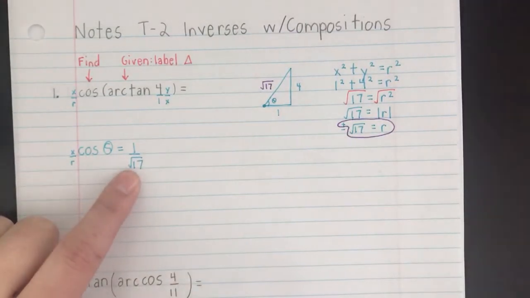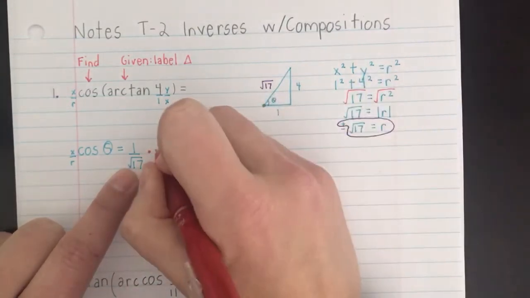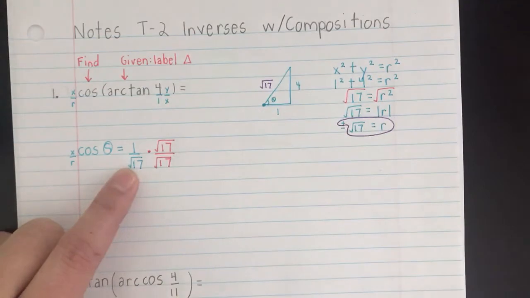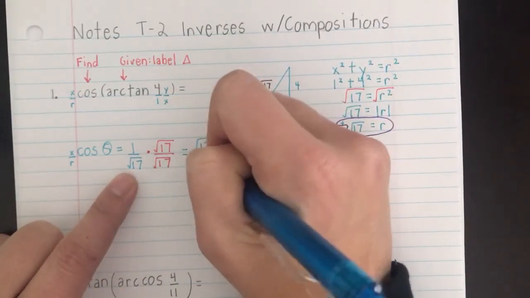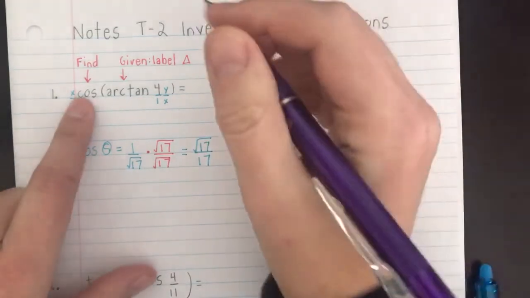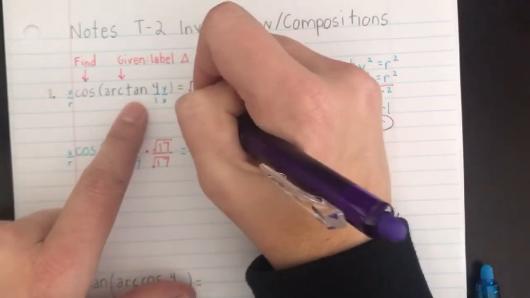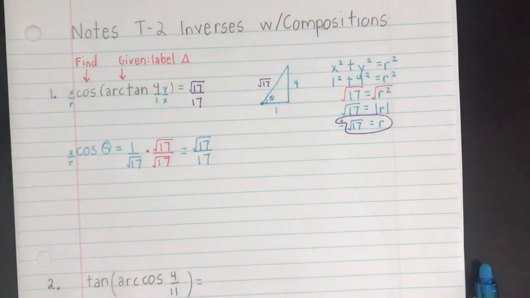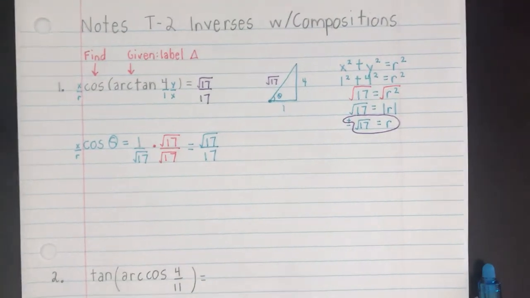Okay, you know that you cannot leave that radical in the denominator, so rationalize, multiply by square root of 17 over square root of 17, and you get square root of 17 over 17. So final answer here, cosine of arctan of 4 is equal to square root of 17 over 17. Final answer. Okay, so let's look at number 2.